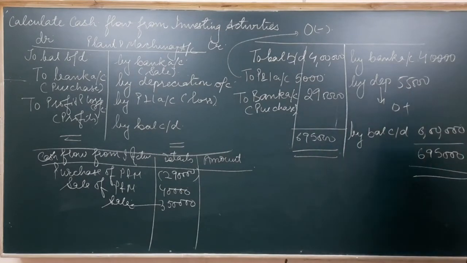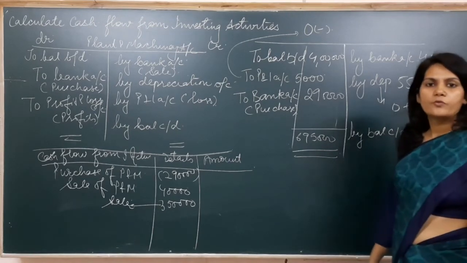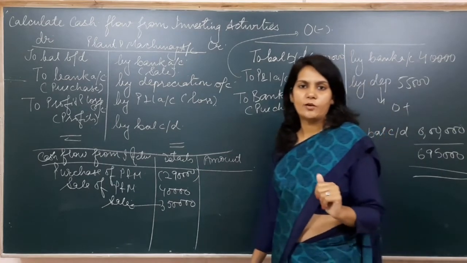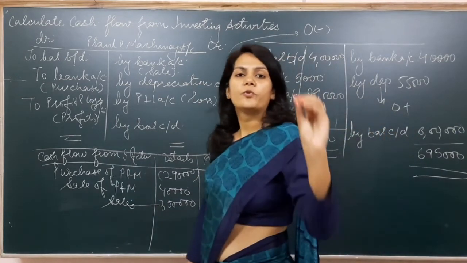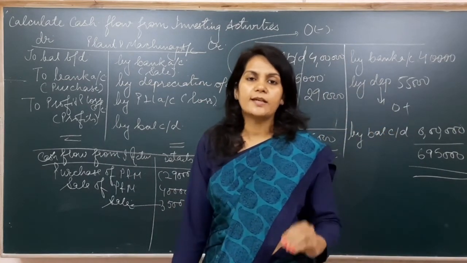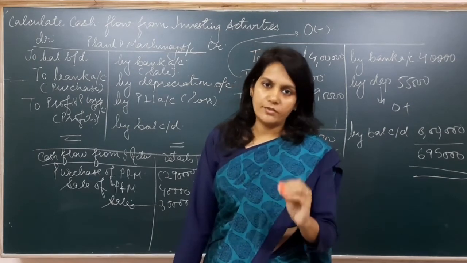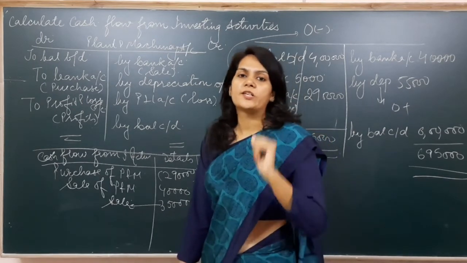Then it is plant and machinery, the treatment we have done. Then the next is goodwill. You can check. Goodwill, last year it is 40,000, this year it is 1,20,000. So it means that the value of goodwill has increased. Whenever the value of goodwill increases, it shows purchase of goodwill.